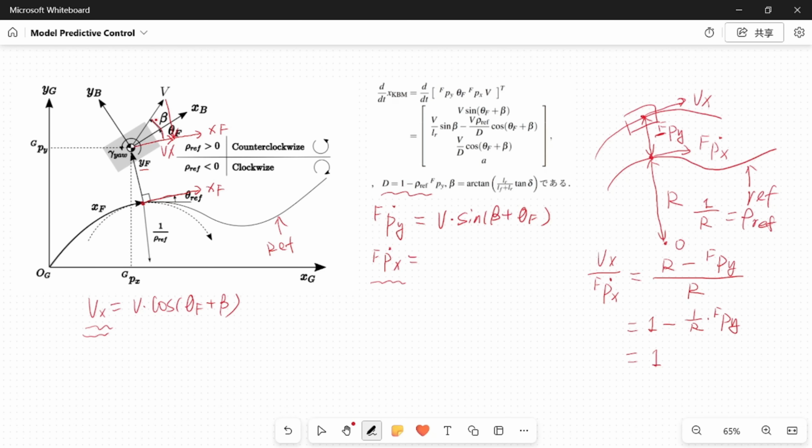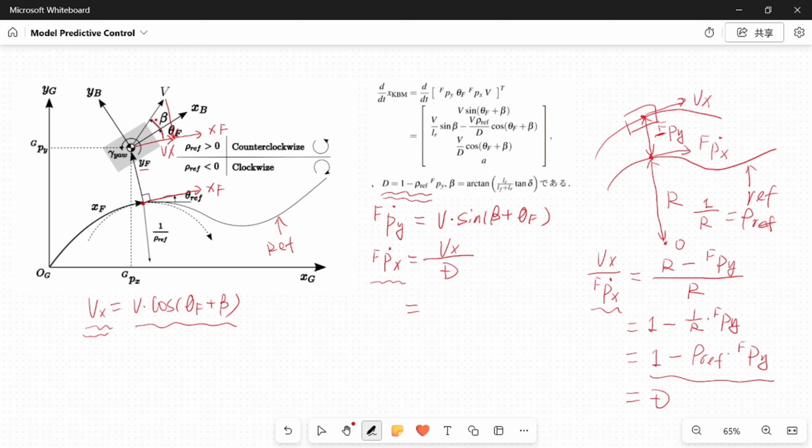It equals 1 minus rho REF times FPY. This is the same as the coefficient D. So the FPX dot that we want equals Vx over D. And Vx equals this equation.